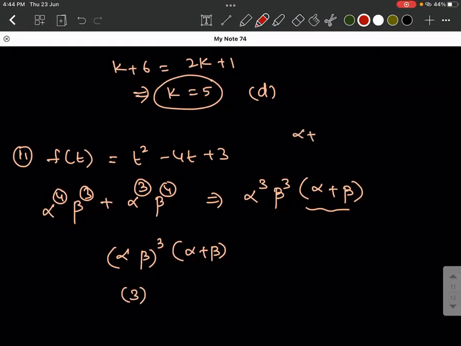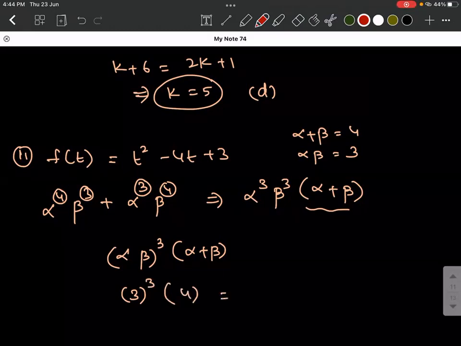So alpha plus beta is equal to 4 and alpha beta is equal to 3. So 3 cube into alpha plus beta, which is 4. So 3 cube is 27, into 4 is how much? 108. Is there an option?